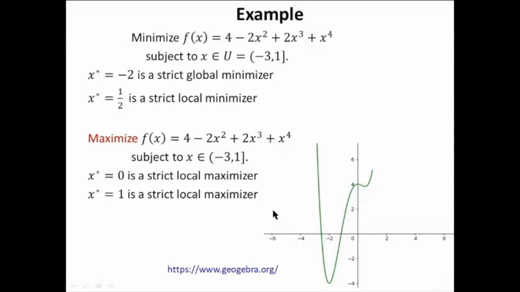The point 1 is a strict local maximizer because we only have to consider the points which lie in the neighborhood of x star and also lie in the set U. So 1 is also a strict local maximizer. Clearly, this function has no global maximizer because the point -3 is not in the set U.